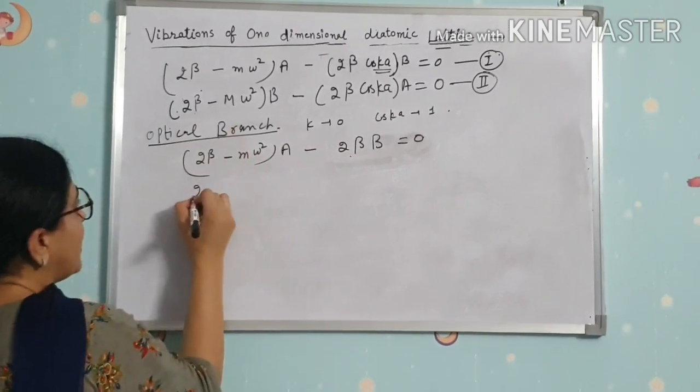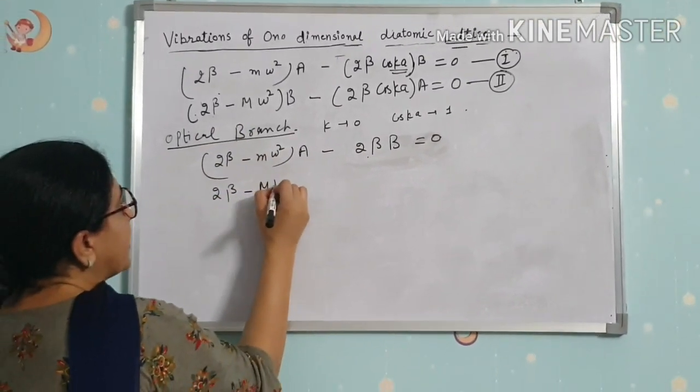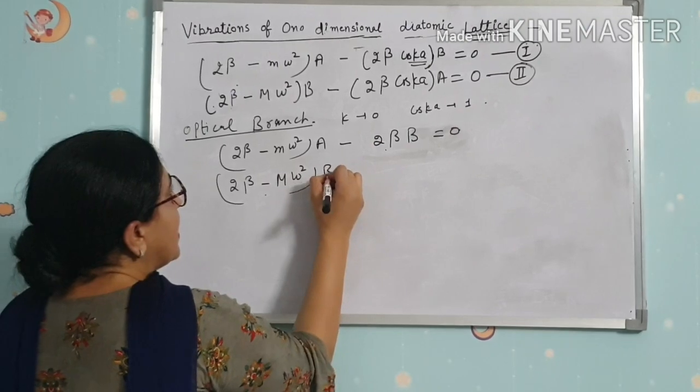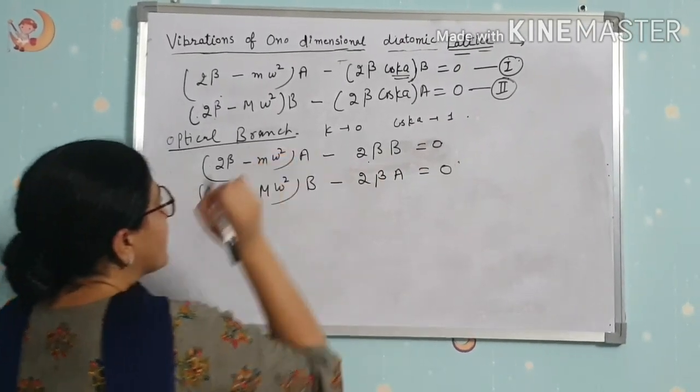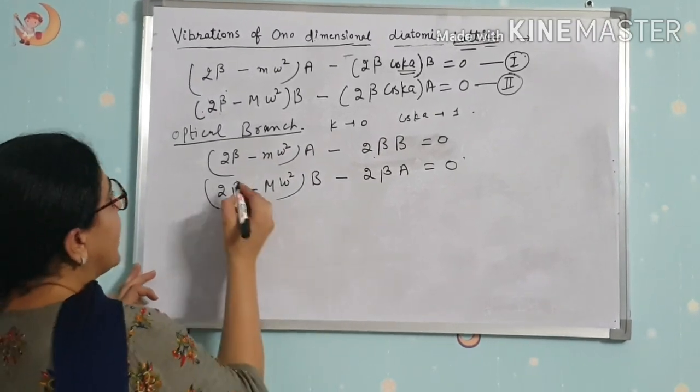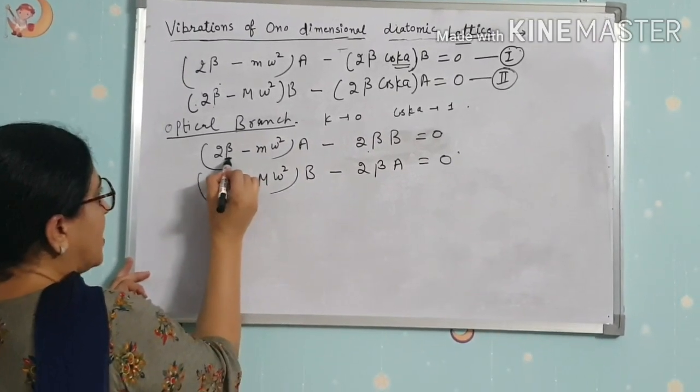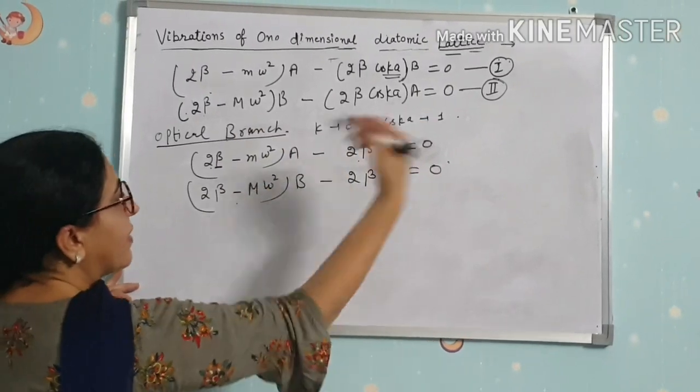And similarly in the second, (2 beta minus capital M omega square) B minus 2 beta A equals 0.